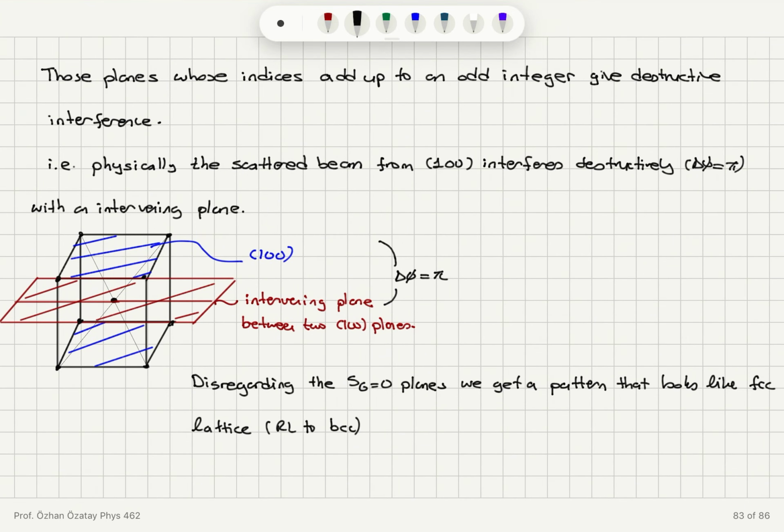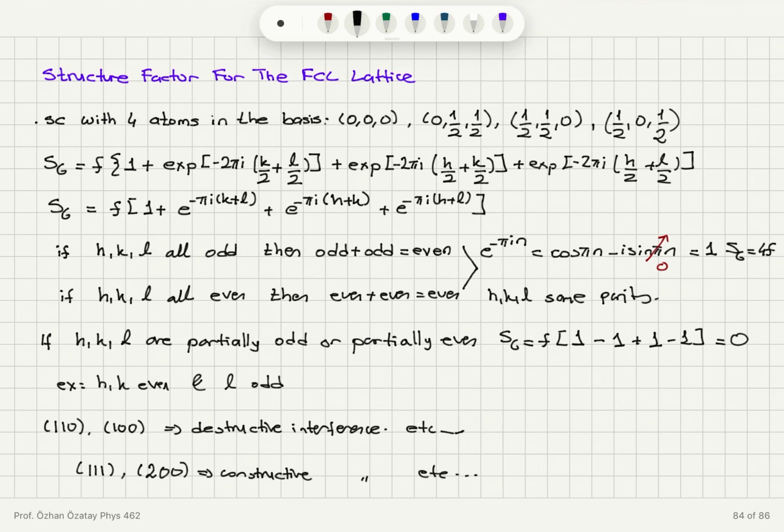And we have visualized this in the direct lattice. You can see, even using Bragg's diffraction, you would find that if you have an intervening plane right in the middle between two 1, 0, 0 planes, which is the scenario we have in body-centered cubic structure, they will be causing destructive interference and no diffraction peak will be observed from 1, 0, 0 planes.